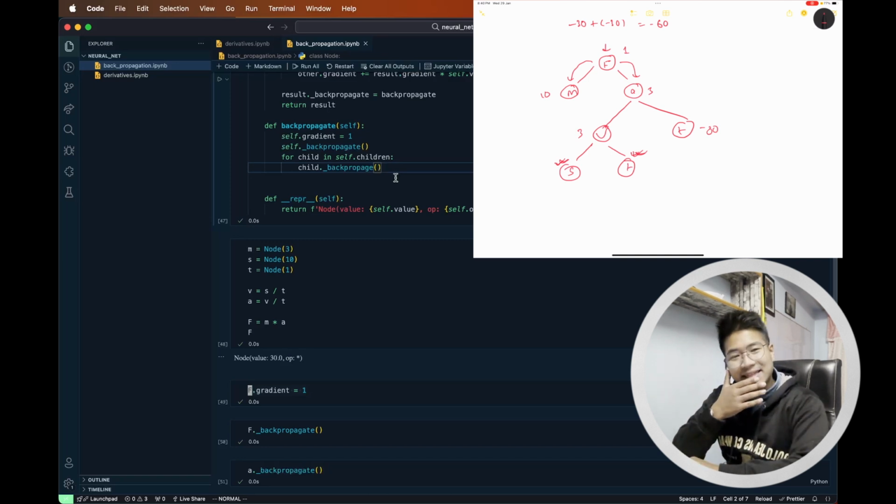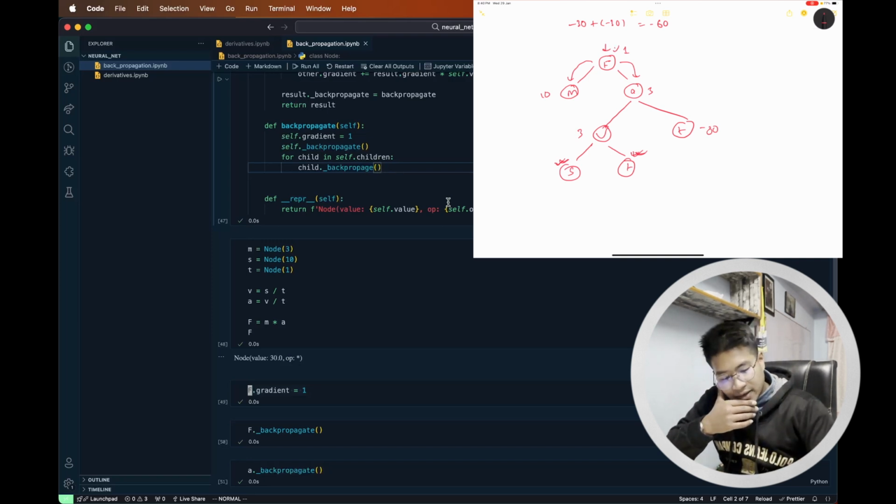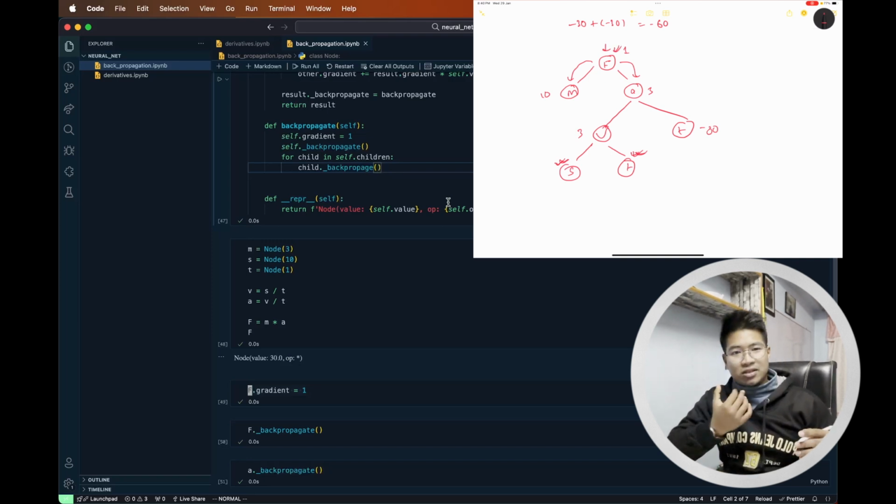So let's think, how can we do this recursively? If I am at this node and someone sets the value as 1, what I can do is look at all of my children, and I should do a backpropagate for each of the children.